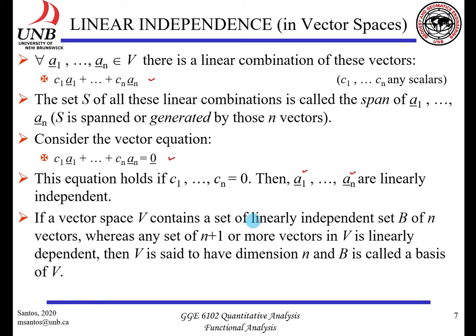If a vector space V contains a linearly independent set B of n vectors, whereas any set of n plus 1 or more vectors in V is linearly dependent, then V is said to have dimension n, and B is called a basis of V. So again, the number of independent vectors defines the dimension, and the set B of linearly independent vectors is called the basis of V. Again, it's like a coordinate system.